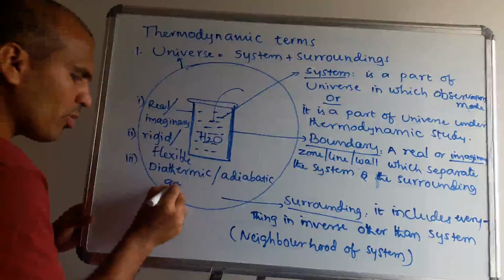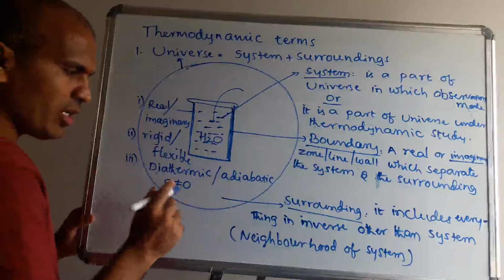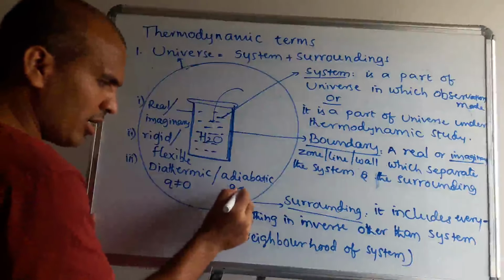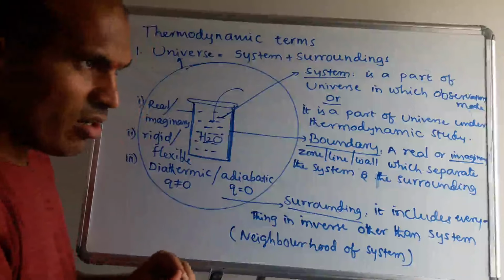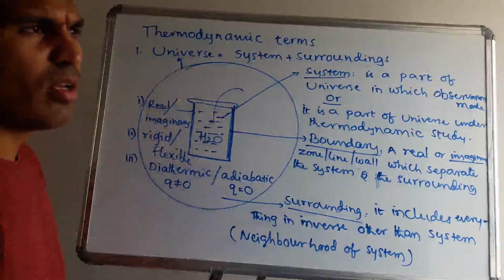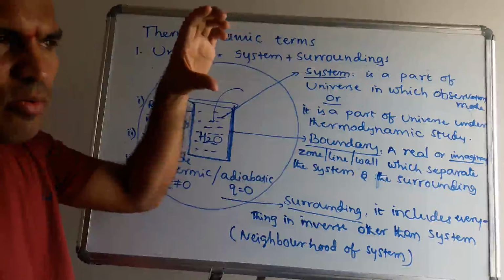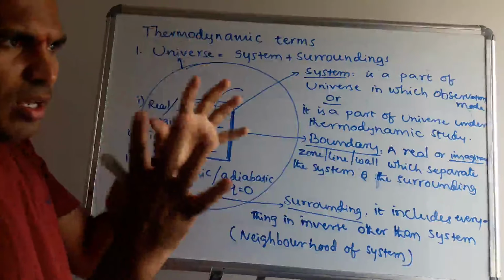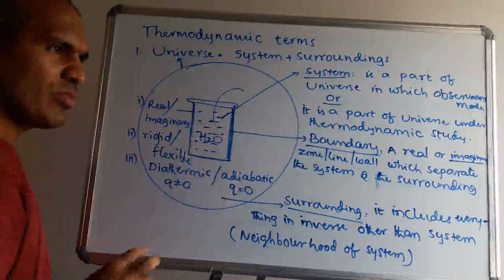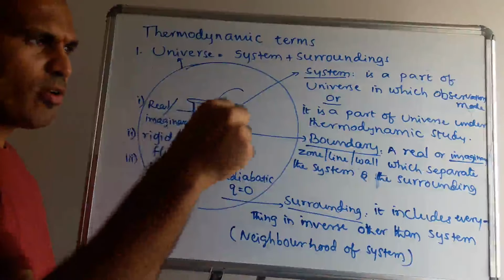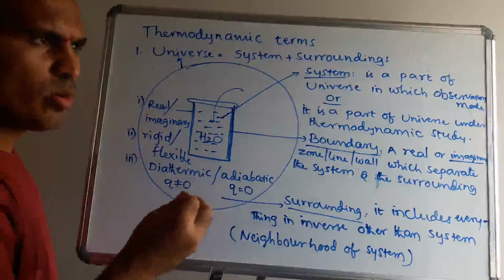Here Q is heat, and in an adiabatic boundary, heat is constant. Take a thermo flask, a Milton water bottle or a hot box. We can keep the hotness or coolness for up to a maximum of 24 hours. If you keep hot water, it may stay hot for up to 24 hours, or cool water may stay cool for 24 hours.